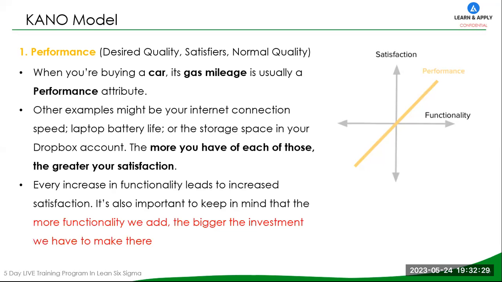But we also need to look at the cost perspective. As we provide more and more, the cost is also going to increase, right? So please look at this first characteristic, which is performance. As we provide more to the customer, there will be more satisfaction for the customer. Is it clear for the performance?